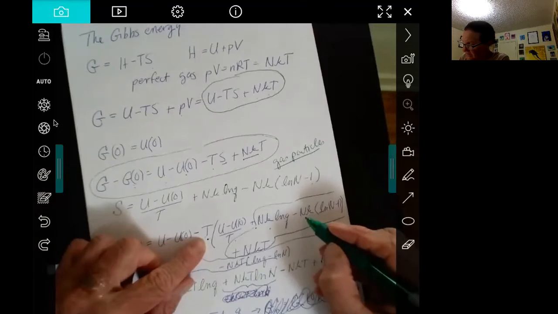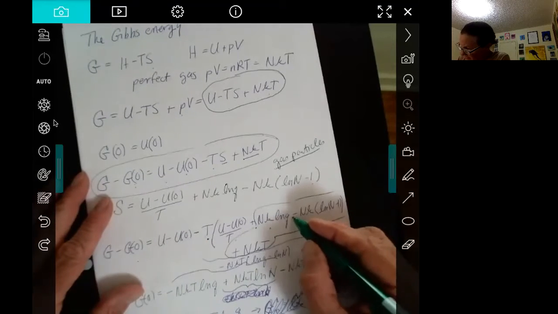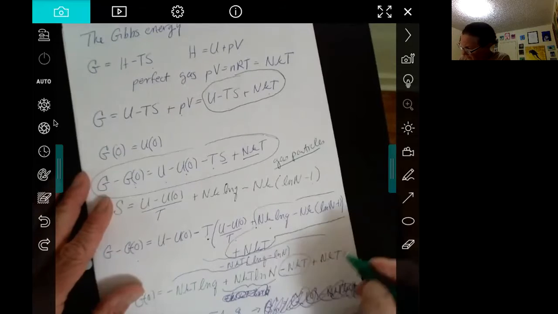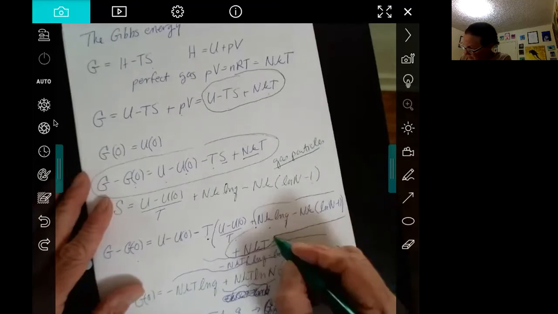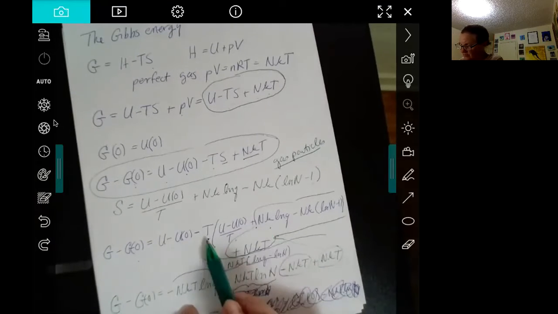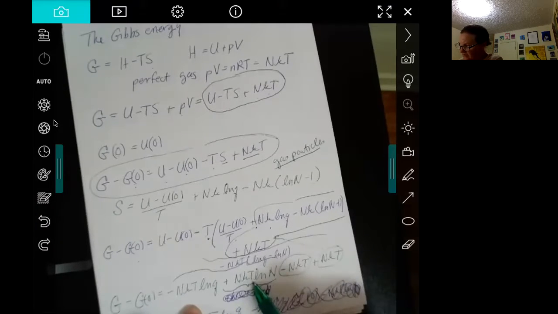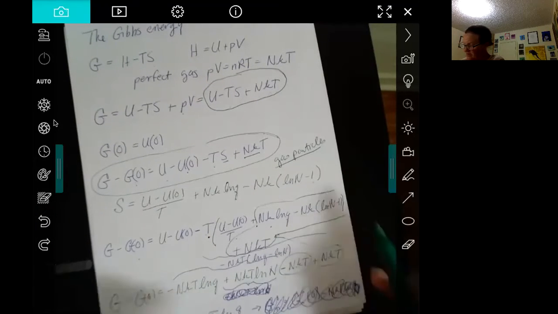So you'll get T NK times 1. When that's a negative, that's where this term comes from. This term comes from right here. And then these two terms are just this term times T with a negative sign, and then this term with the NKT ln of N.